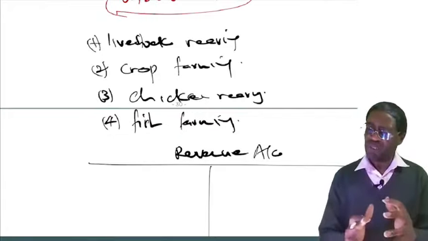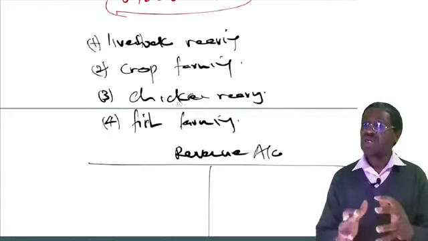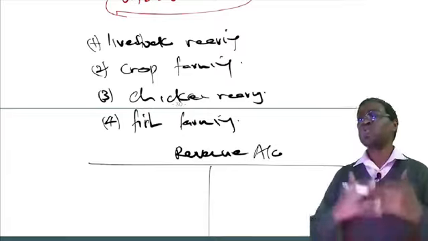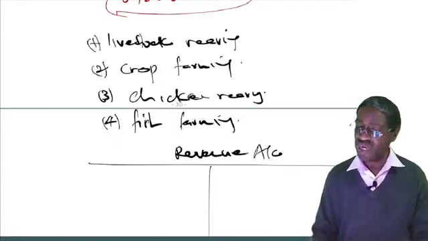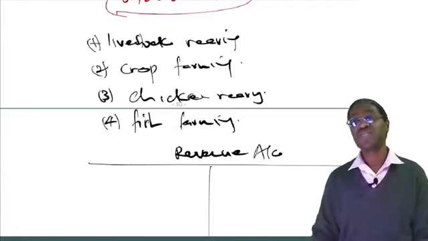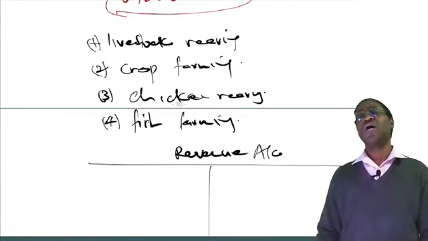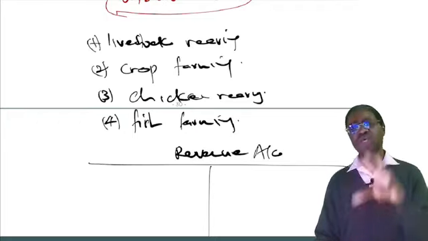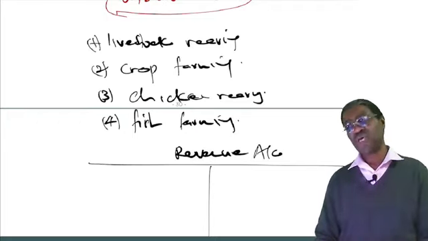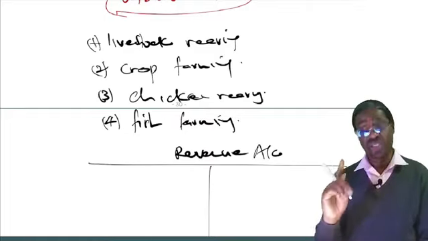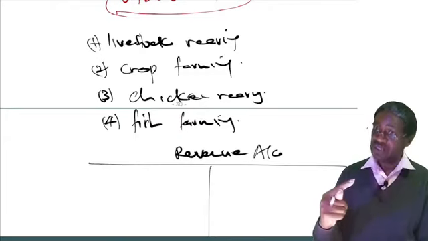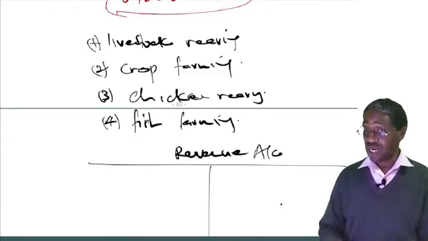If you are doing crop farming, prepare a revenue account for crop farming to determine the profit that you made from it. Same for chicken rearing and fish farming. So for each of these categories, you are required to keep a revenue account, which is used to determine the profit or loss from that activity.